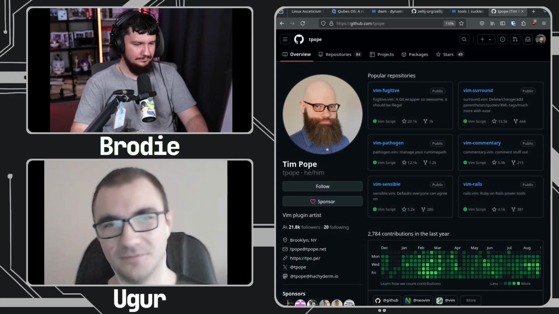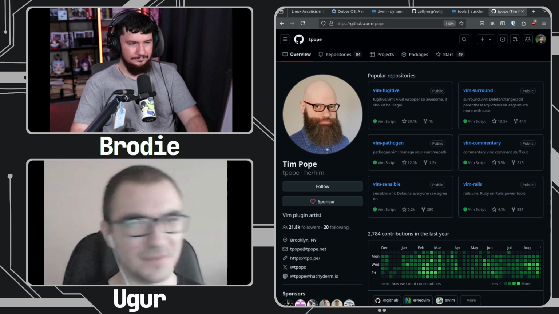But I like the LSPs and it's nice having them. I have some plugins by this guy called T-Pope. He's one of the most common plugin writers in the neovim ecosystem. They're for commenting stuff and surrounding text, kind of simple plugins.